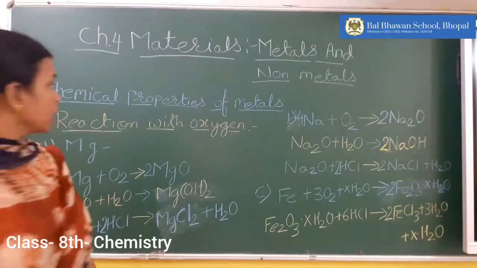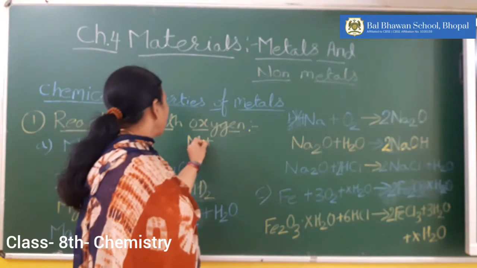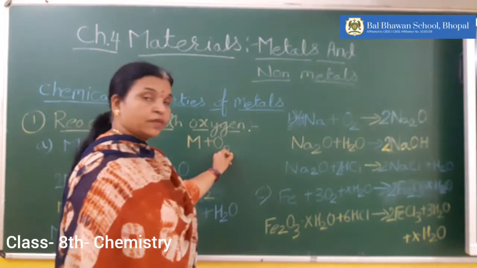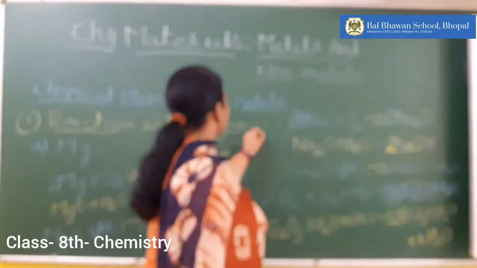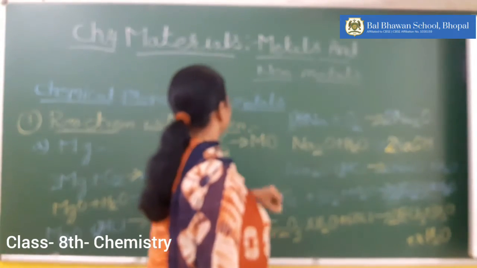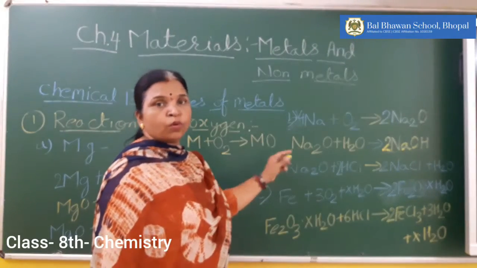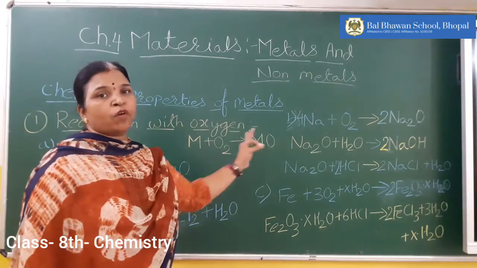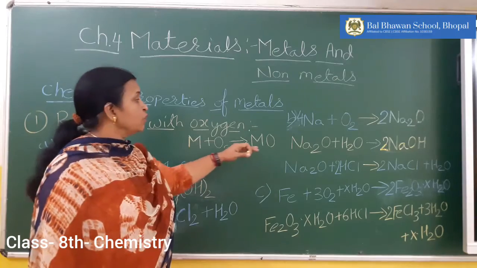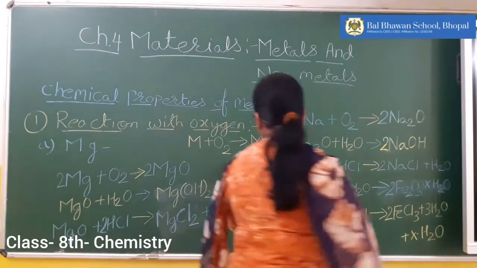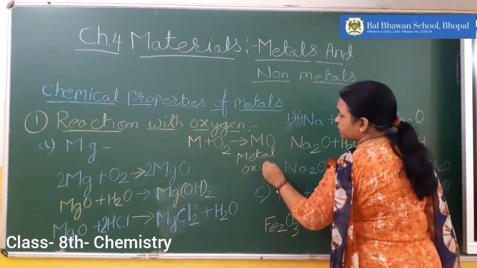M stands for metal, O2 stands for oxygen gas, and that will give you metal oxide. It can be MO or M2O, depending upon the chemical formula of that metal. What will it produce? Metal oxide. Clear?